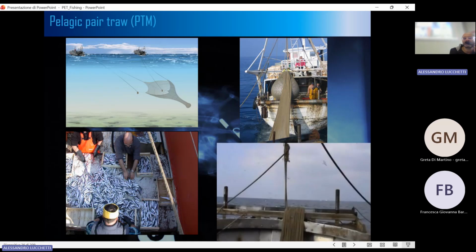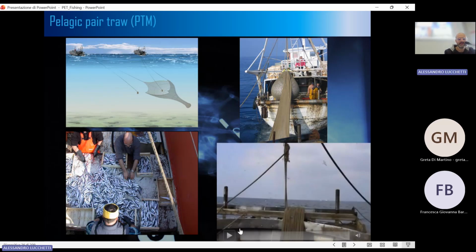You have to imagine that this part of the net here is something like 40, 50 meters, and in the vertical one, you have something like 15, less than 20 meters. But you have to imagine that during towing, 1 hour, you can sweep a big area. That is mainly because they have to catch very big schools of fish.